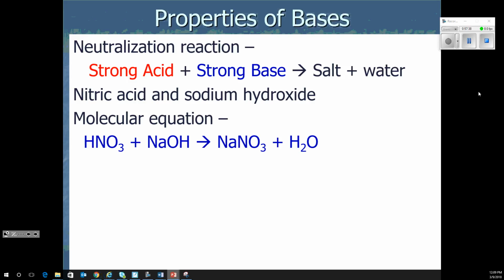Remember to get rid of all your spectators, or circle, identify your spectators, and then put them in as a net ionic. They should be written as H+ (aq), and NO3- (aq), and Na+ (aq), and OH- (aq).